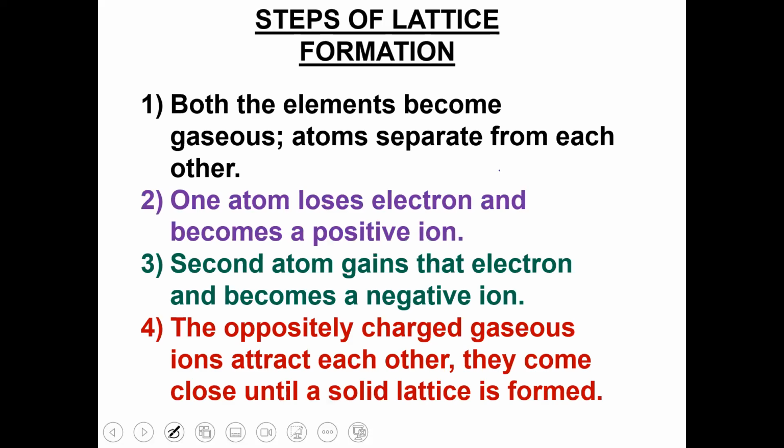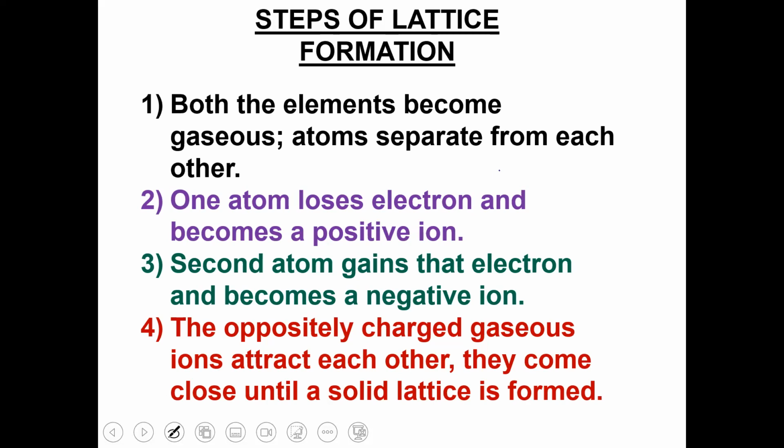Do you remember that when a lattice is formed, we first need a positive ion, then we need a negative ion, then they attract each other. Then the ions come into contact with each other, they form a lattice, and this is how a lattice is formed. Both the elements become gaseous. These are the stages to remember.